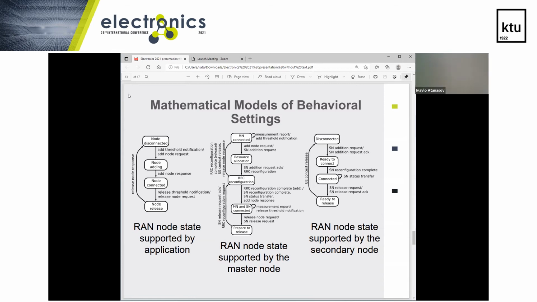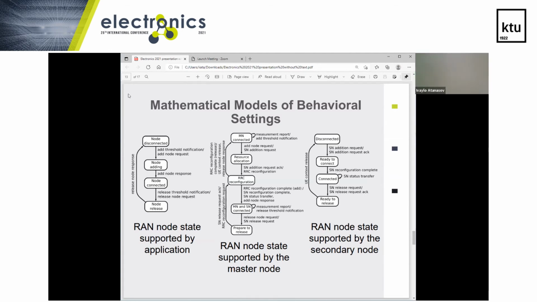From the network point of view, the device may be connected to a master node and to a secondary node. So the network maintains device connectivity models for the master and the secondary nodes respectively. The models representing the node state from application, master node, and secondary node point of view are formally described.